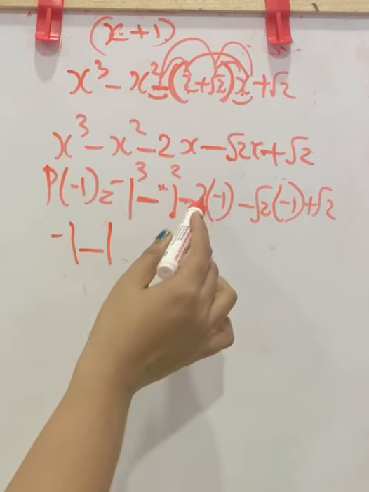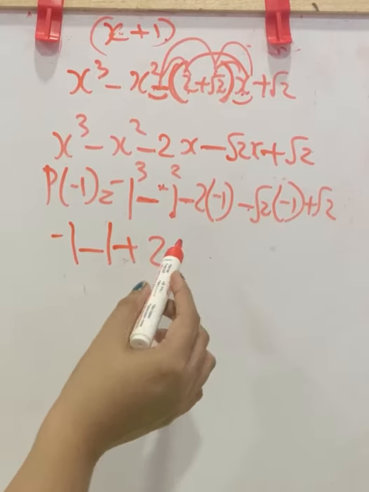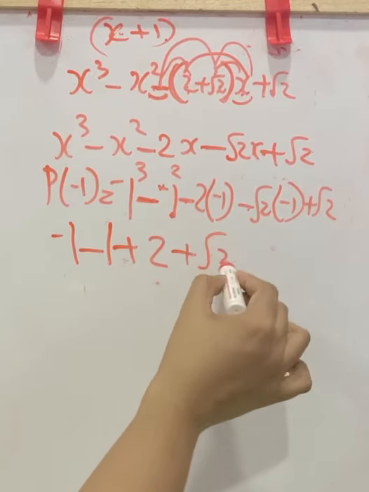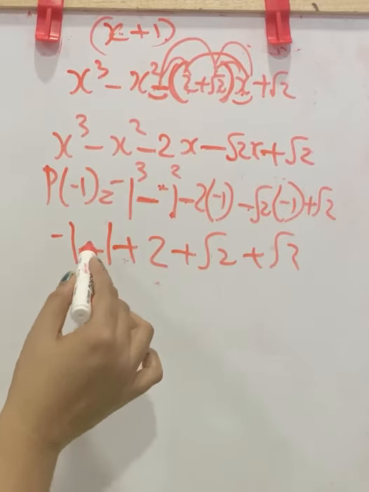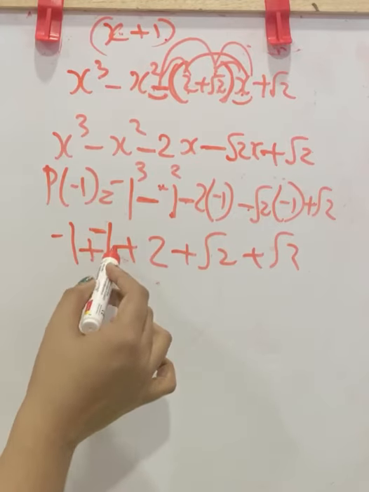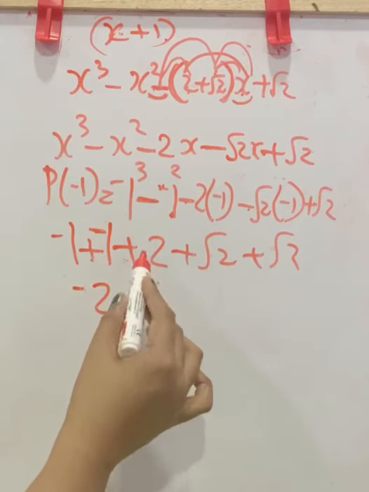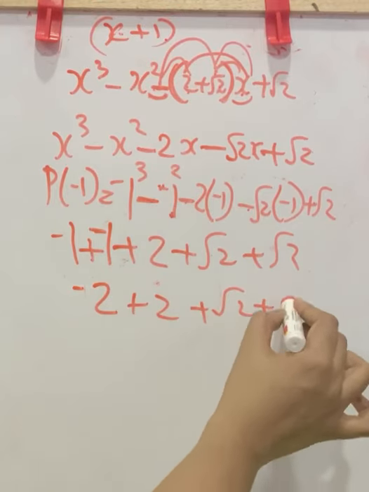Now minus 2 into minus 1 becomes positive 2. Minus root 2 into minus 1 becomes positive root 2 plus root 2. Negative 1, this becomes subtraction and this is negative. Now minus 1 plus minus 1 is minus 2 plus 2 plus root 2 plus root 2.